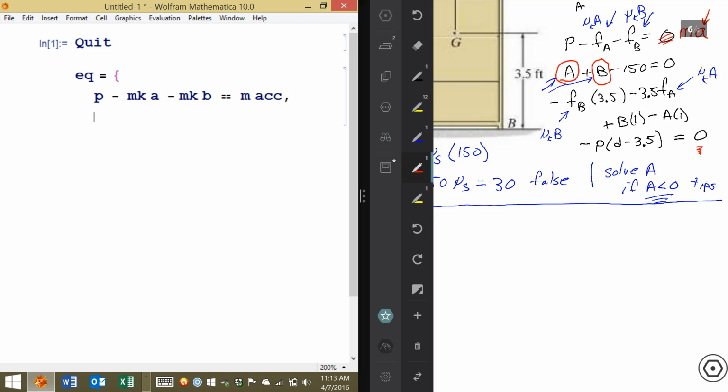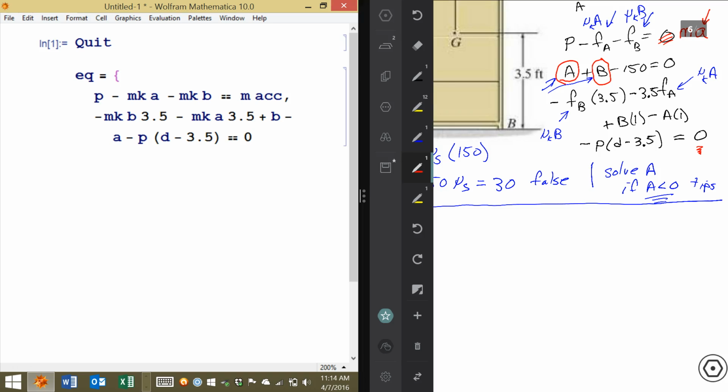And then for the vertical, I have minus mu k times mu k b times 3.5 minus mu k a times 3.5 plus 1 times b minus 1 times a minus p times d minus 3.5 close parenthesis equals 0.